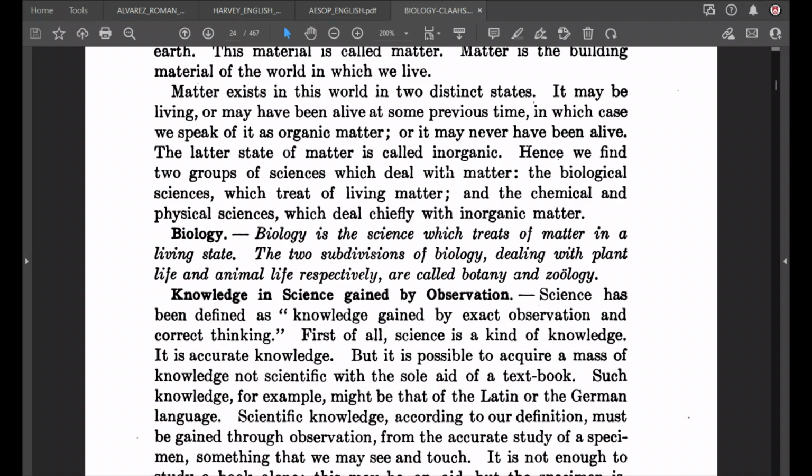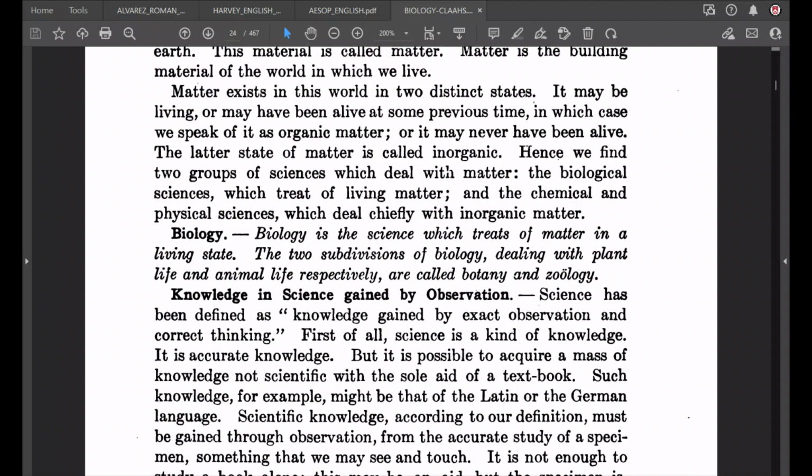And biology has two divisions, just to review again. We have botany, which is the study of what? Remember? Botany is the study of plants. And zoology, which is the study of animals.